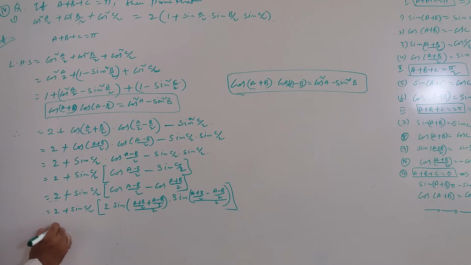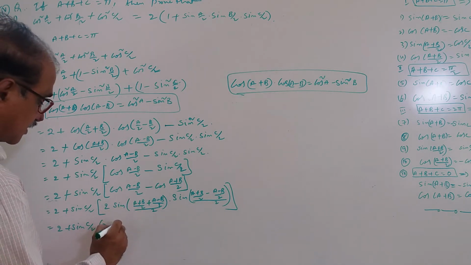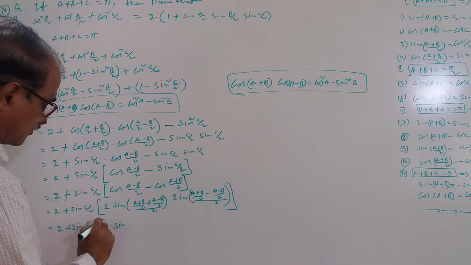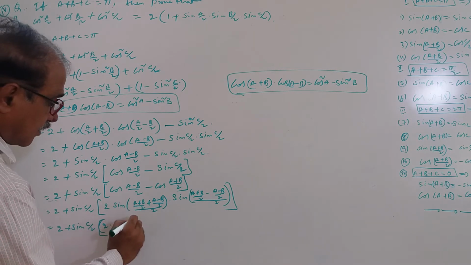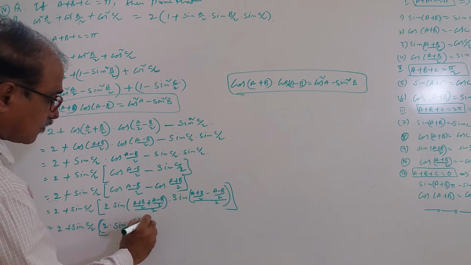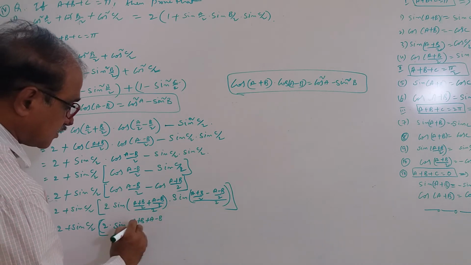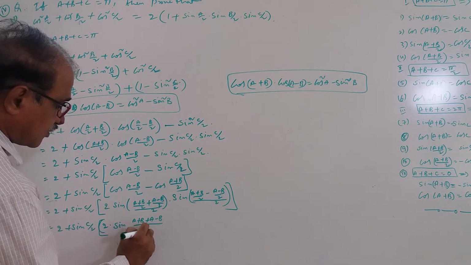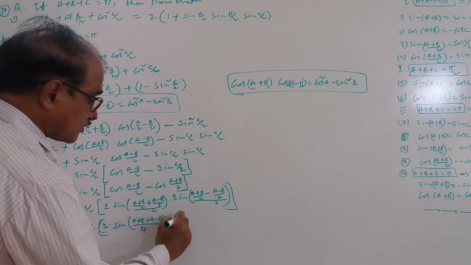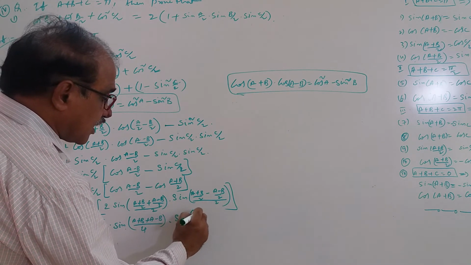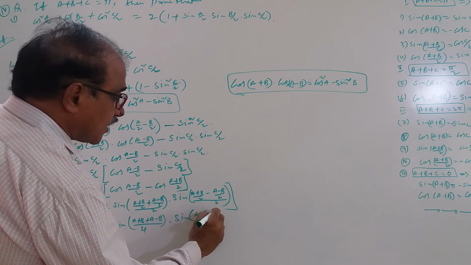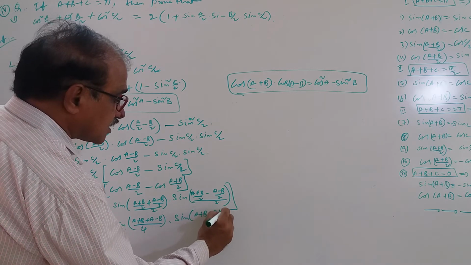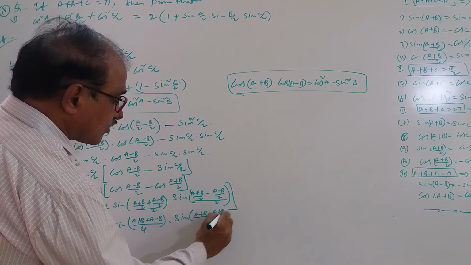That is equal to 2 plus sin c by 2 into 2 into the simplification of this, which can be written as sin of a plus b plus a minus b by 4, into sin of a plus b minus a plus b by 4.